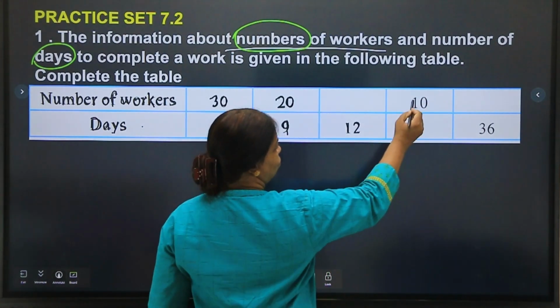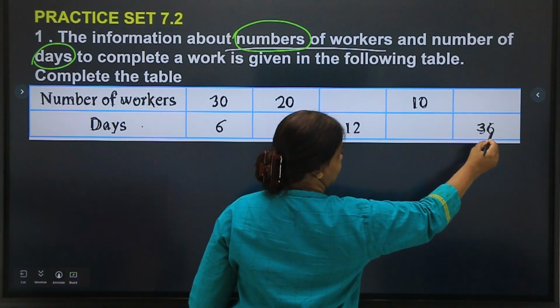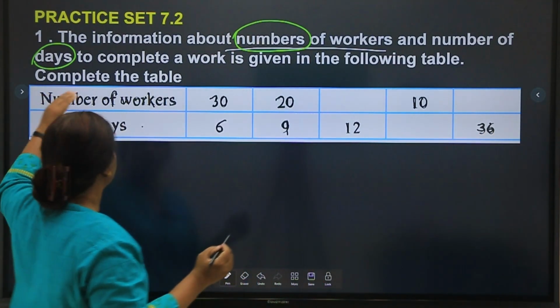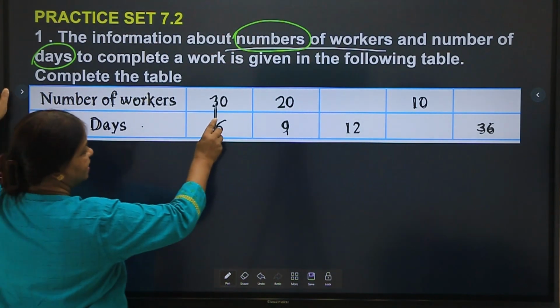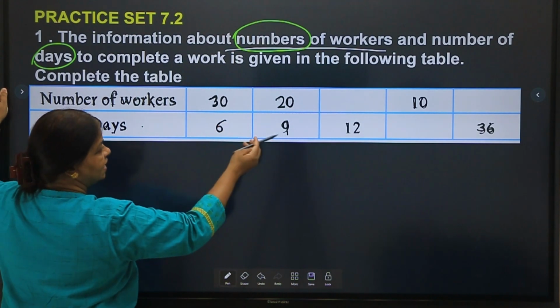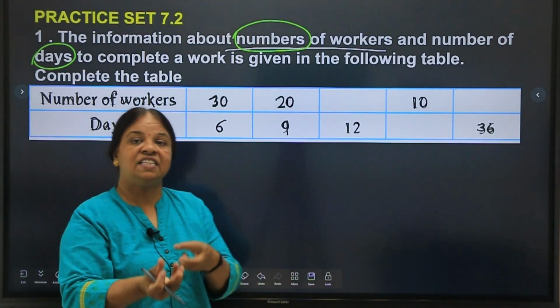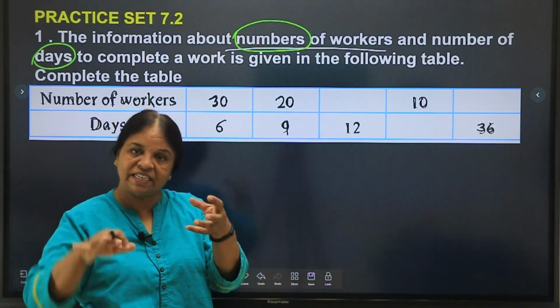First of all, we should know what it is. Here we can see that when one factor is increasing, the other factor is decreasing.